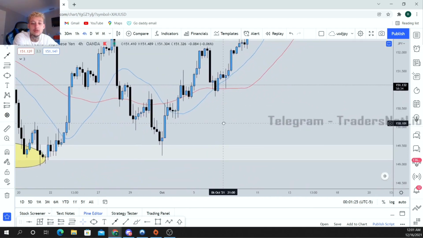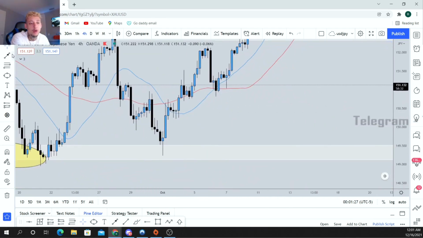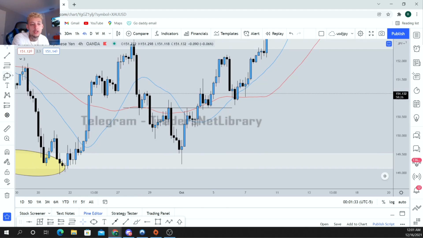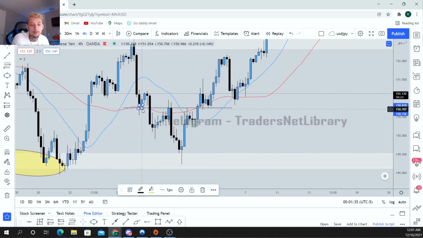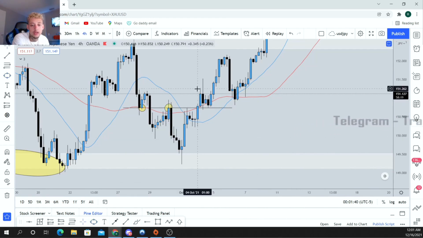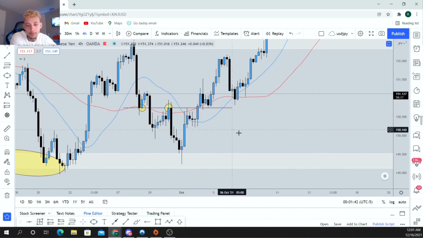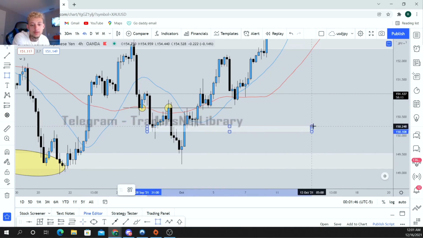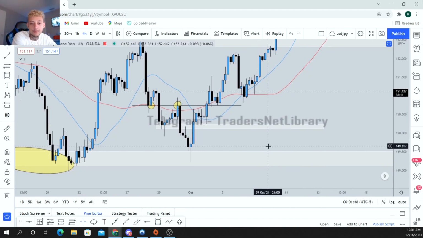Now, when it comes down to looking at the 4-hour time frame, what we could see is that here we have support and here we have resistance, right? So we have support. This is a 4-hour level. We have resistance. And let's just pretend we aren't here yet. So what else can we actually spot? We also have a level of support and resistance here as well, right?